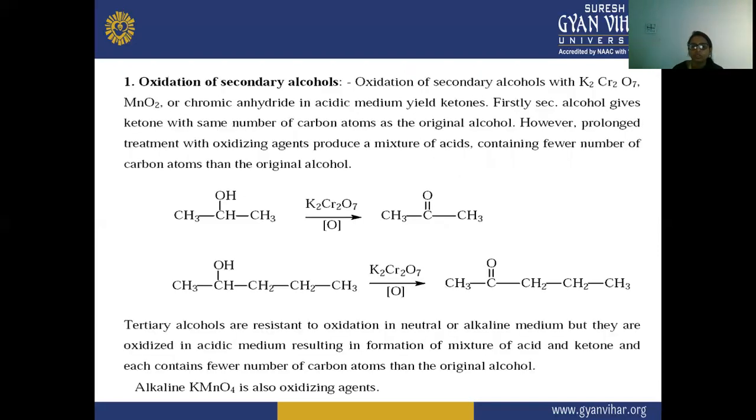First is the oxidation of secondary alcohol. Here we are oxidizing the secondary alcohol with K2Cr2O7, or we can also oxidize with MnO2 or chromium anhydride in acidic medium, and this yields our ketone. Firstly, secondary alcohol gives ketone with the same number of carbon atoms as the original alcohol.